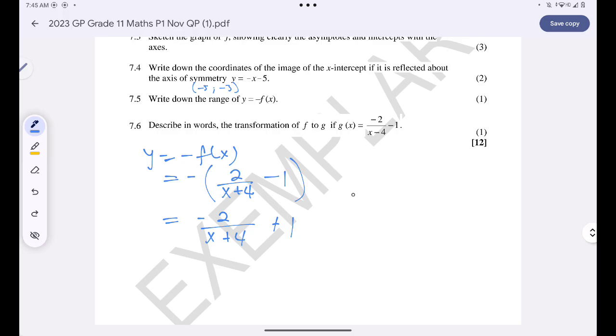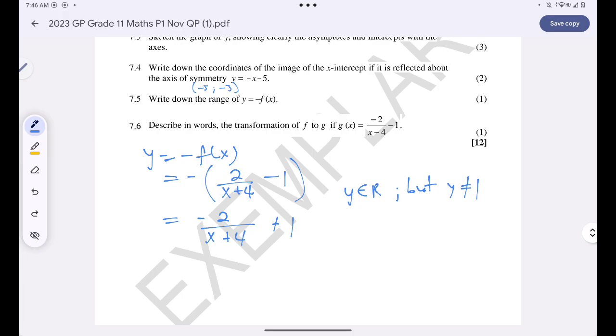So my range, I'll simply say y is an element of real numbers, but y cannot be equal to 1. Are we together? Whenever you write your range for your hyperbola, y can be anything, but y cannot be the asymptote. Are you together? That's how you get your range.